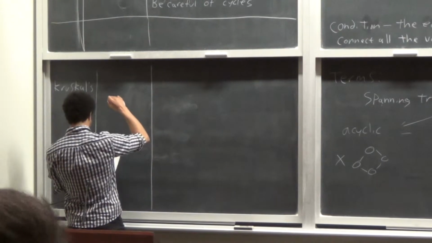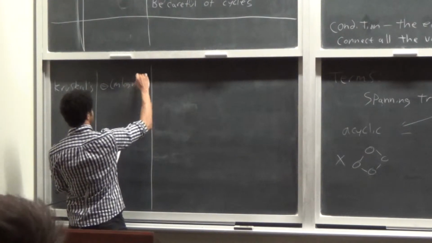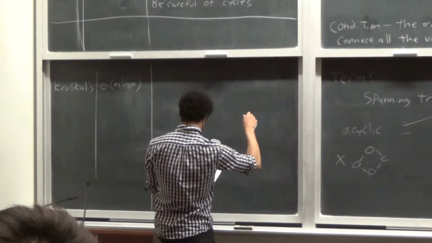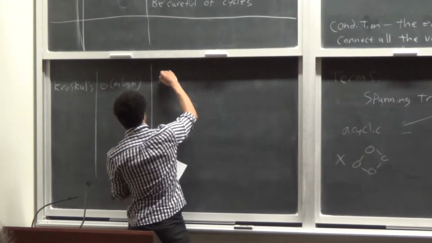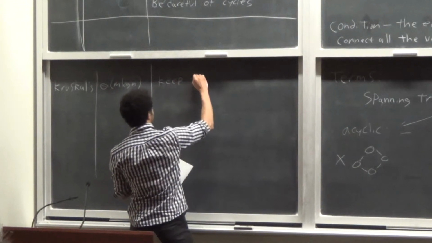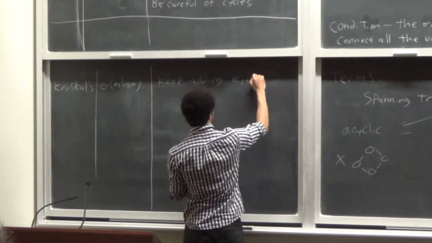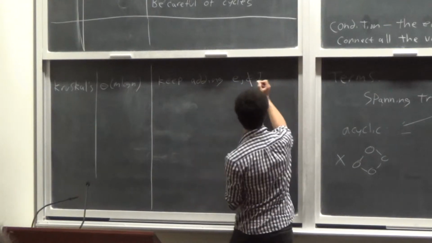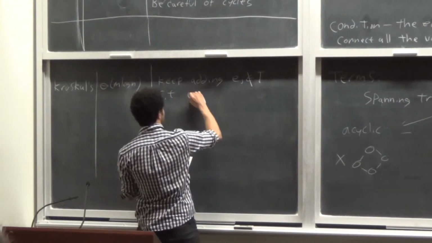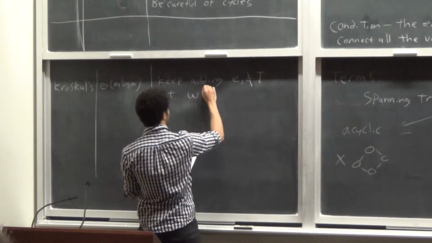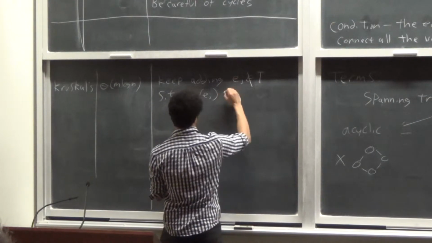So the idea is to keep adding E_j's that are not already in the set that you're building, such that the weight is the minimum.